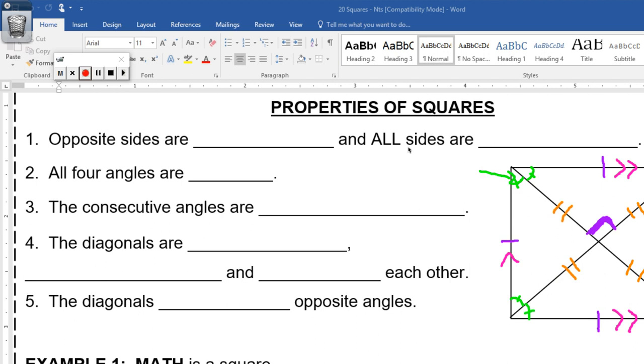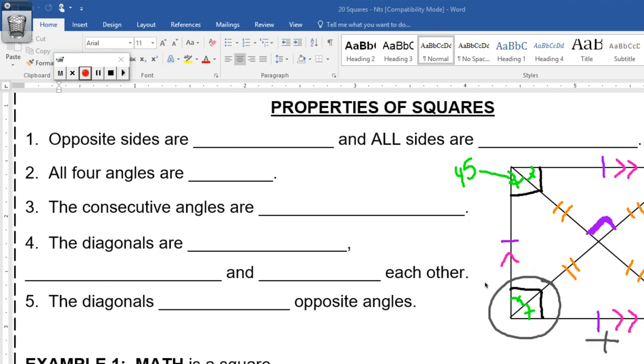We had already talked about this, guys, before when we did our special right triangles, that a special 45, 45, 90 comes from a square. So we should already know that. Each angle is 90 degrees on a square, and the diagonals are going to cut it exactly in half, forming the 45-degree angles.